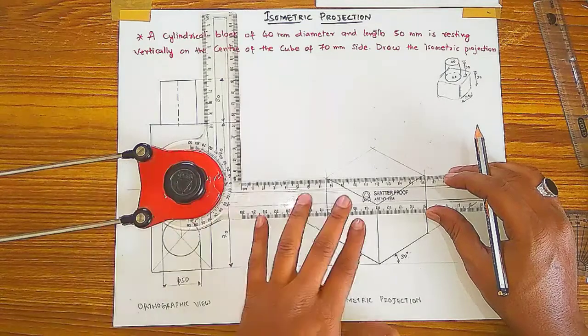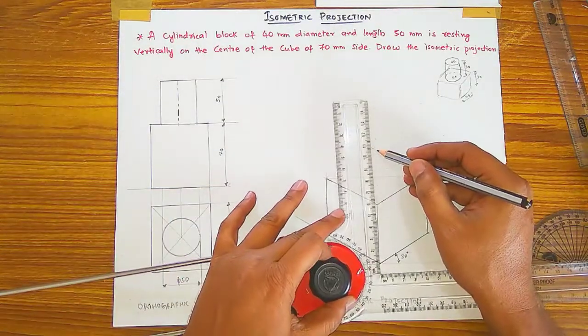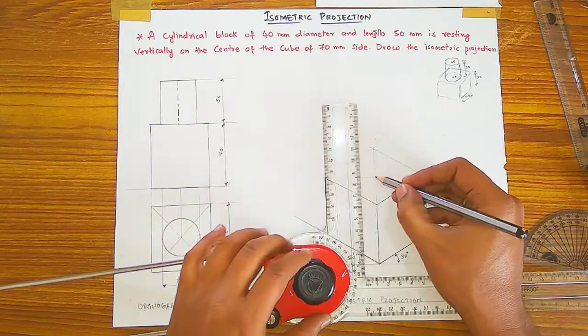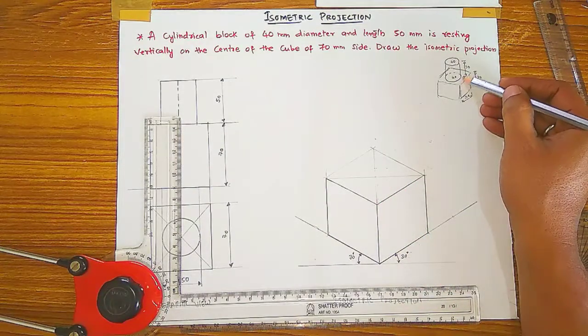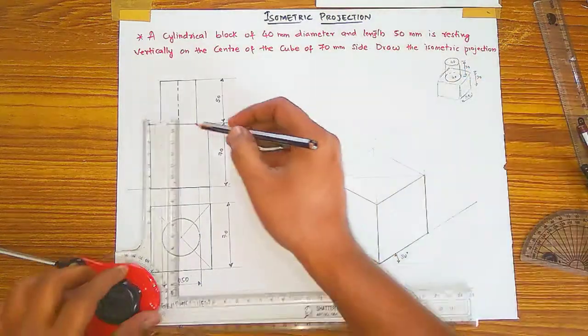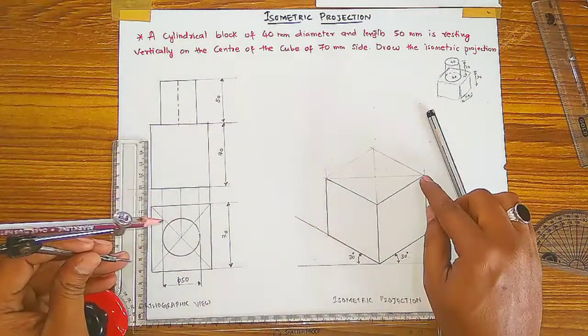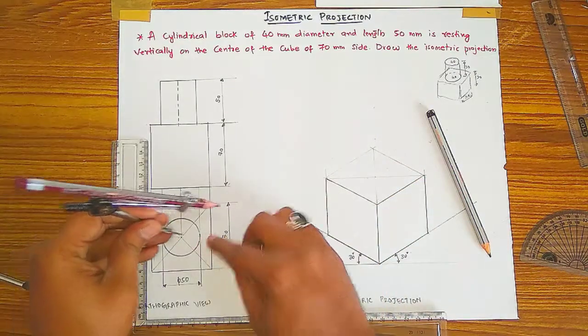So by joining these opposite corners, you will get the center point. So I got the center of this cube. So centrally your cube is resting, 40 mm and active side 50 mm. Means 40 mm I have already got.